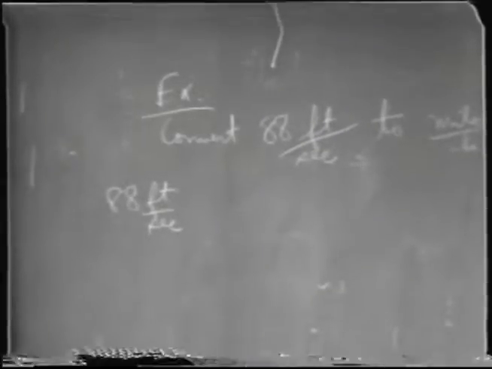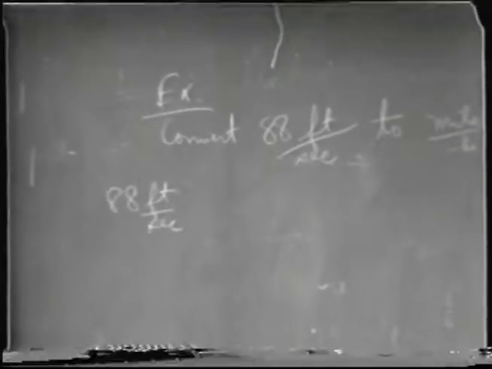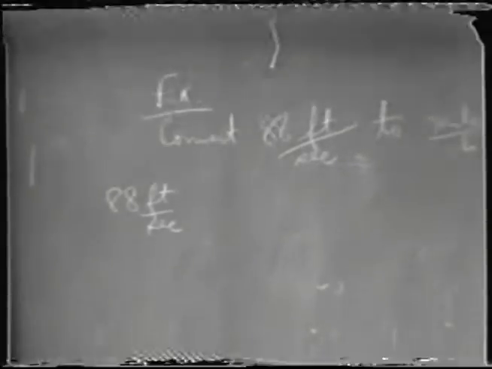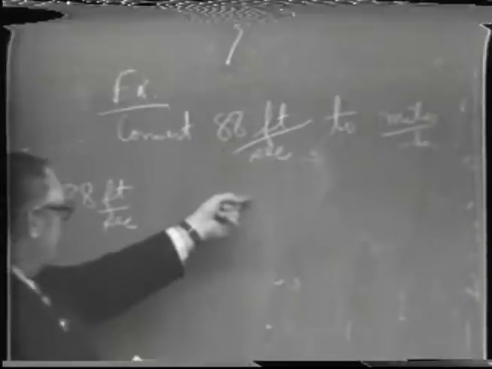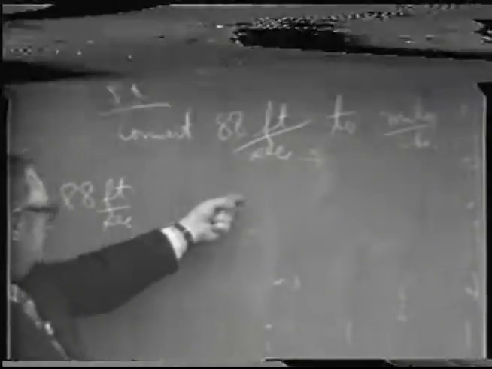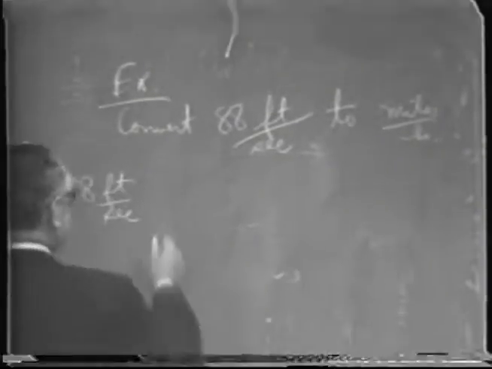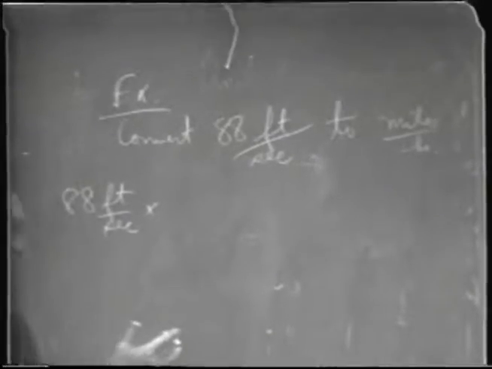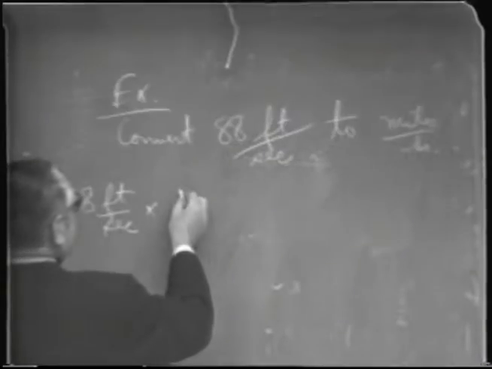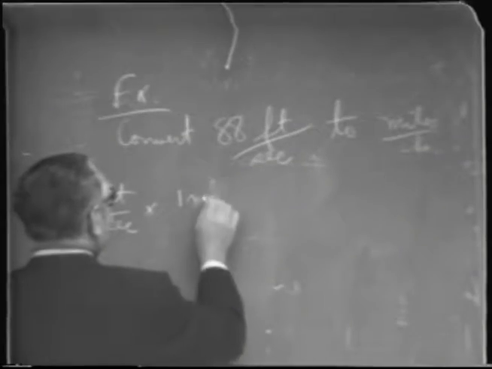Now we want to multiply it by some of these unit ratios with a numerical value of 1, so as to come out with miles as the unit of measure in the numerator and hours in the denominator. So what shall we multiply by? Well, we've got to have something up here that has a mile in it.